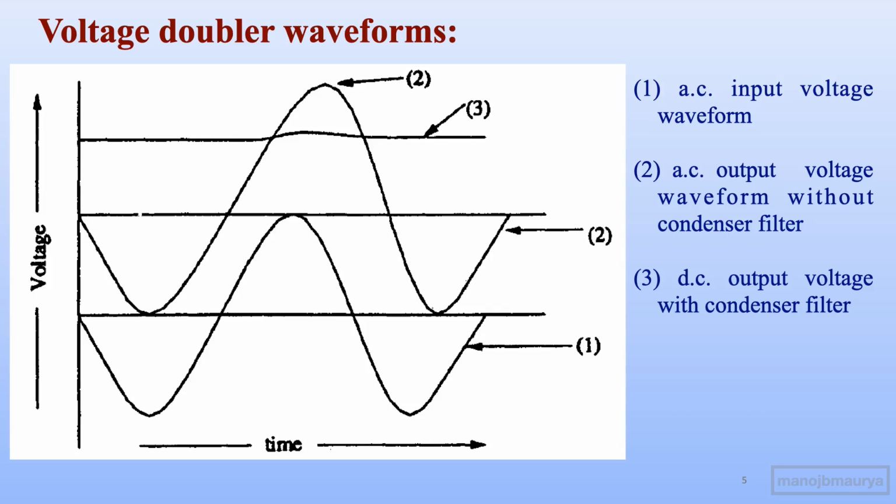It shows the average value of the DC voltage, the mean value of waveform 2 in the presence of the condenser filter. Kindly pay attention to the animation, how the waveforms progress from one half cycle to another.